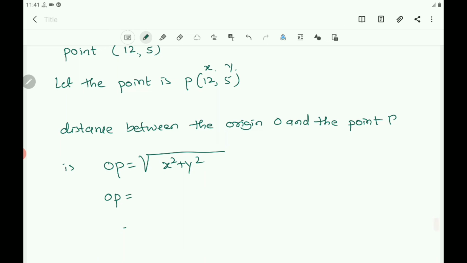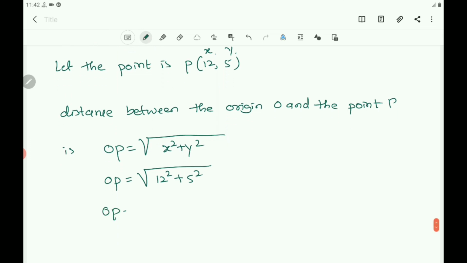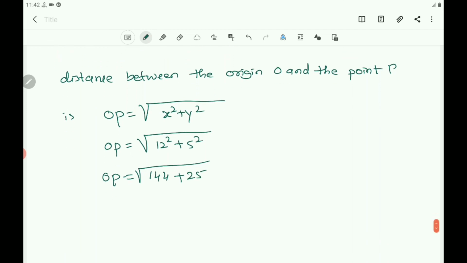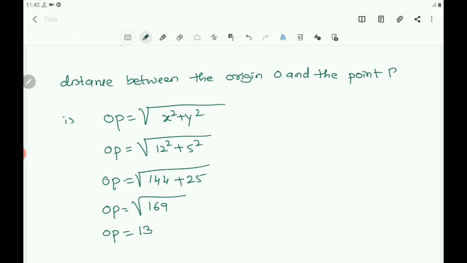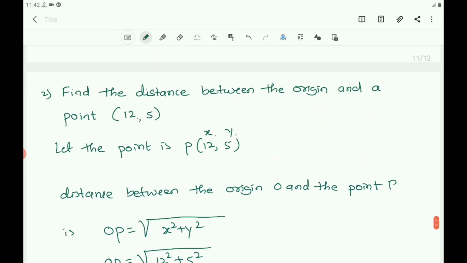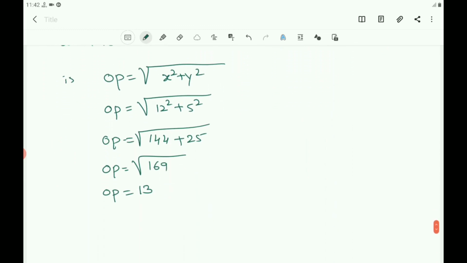Then OP equals whole root 12 square plus 5 square, that is 144 plus 25. The sum of 144 and 25 is 169. Then OP equals root 169, you must know it, that is 13. So the distance between the origin and the point is 13 units.